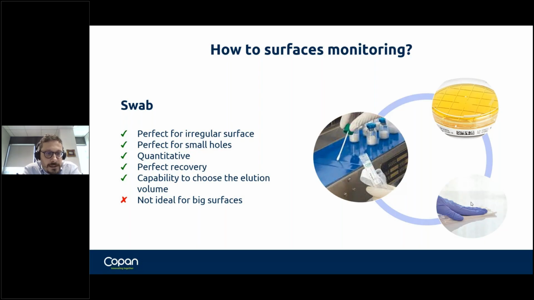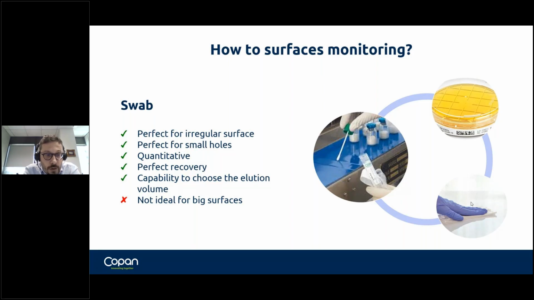On the other hand, swabs are perfect for irregular surfaces, and perfect for small holes, if you need to enter into a pipe, for example. They are quantitative, so you know exactly the release capacity of the swab, and you can very easily quantify the amount of sample that you collected from a surface.